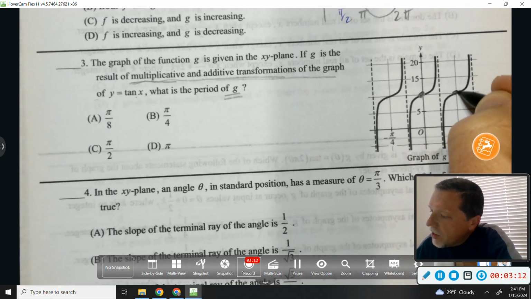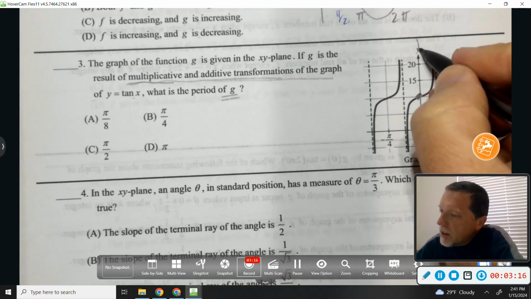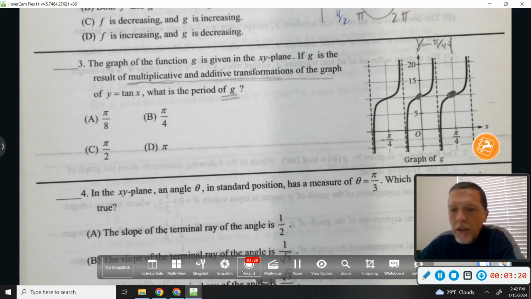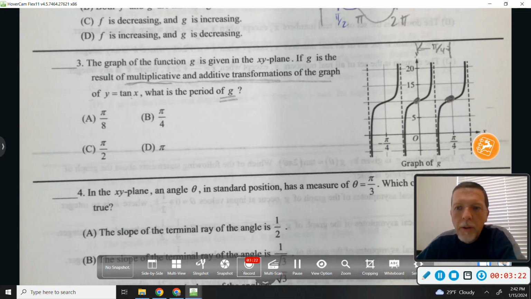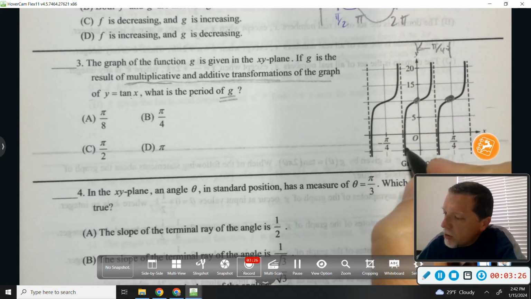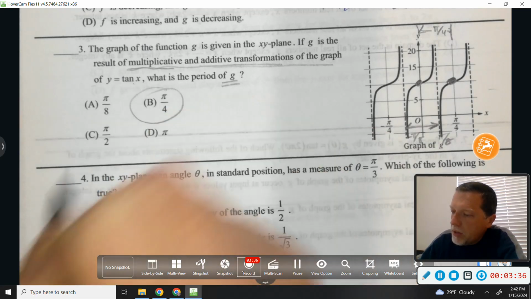So if there's a 0 at 0 and at pi over 4, then that means that distance is pi over 4. So that means the period is pi over 4. I could also measure asymptote to asymptote. That's a little bit trickier for this particular problem because it's going from negative pi over 8 to pi over 8, but that's still pi over 4. So the period is pi over 4.